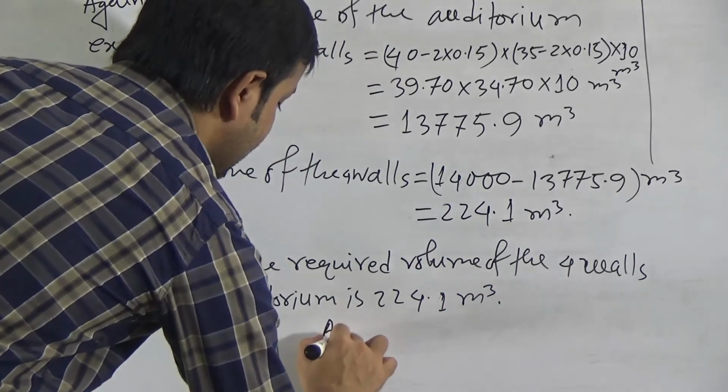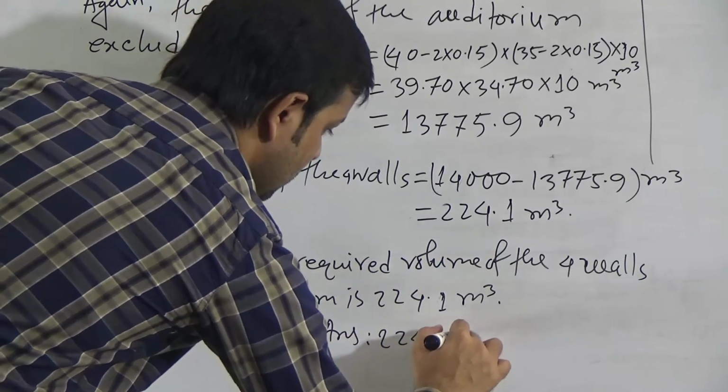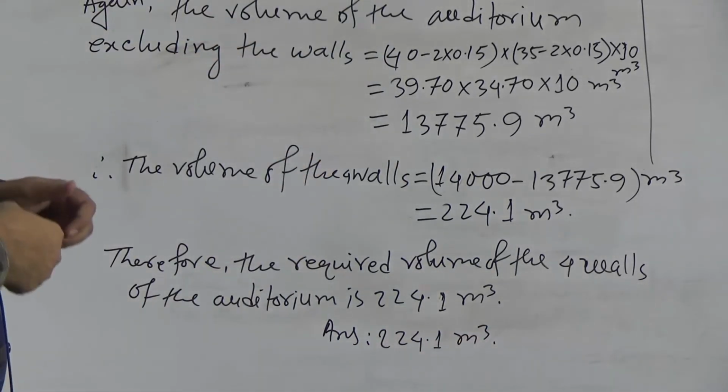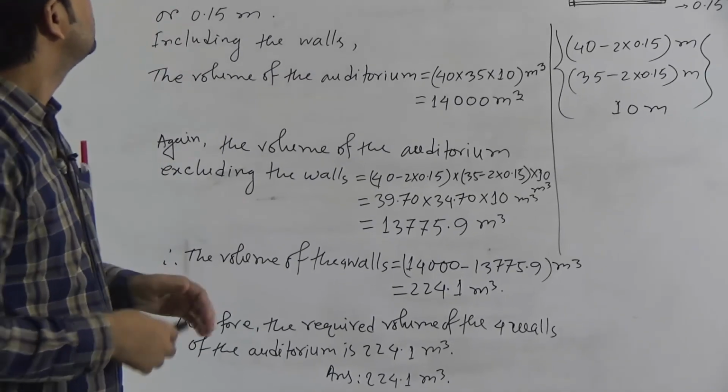So our answer is 224.1 cubic meter. Okay, dear students, I have finished question C also. It means that I have done question 31.